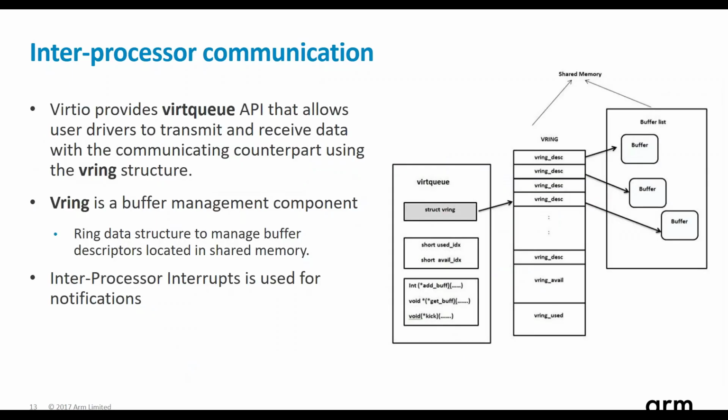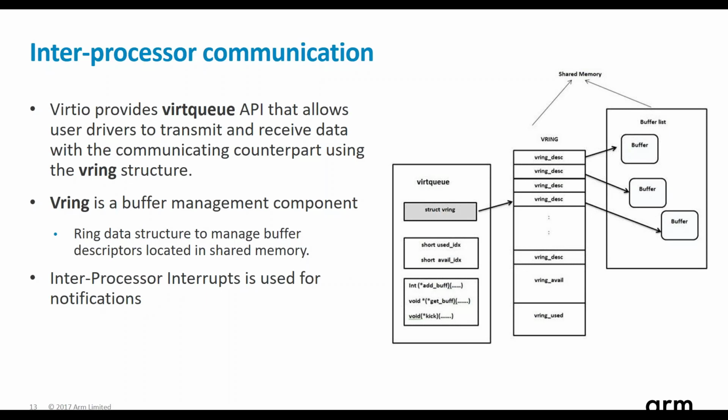The mechanism used for the virtual TTY is called VirtIO, and VirtIO was originally developed for KVM, which is basically a Linux-based hypervisor, but it's been reused for this case. It's been adapted specifically for OpenAMP, for communicating between the two processors on heterogeneous devices.